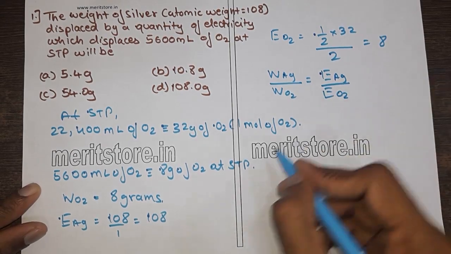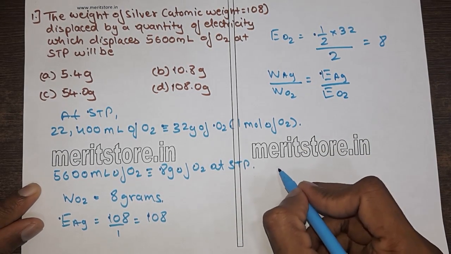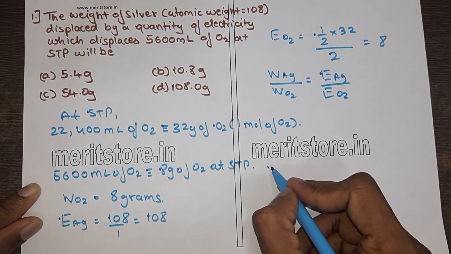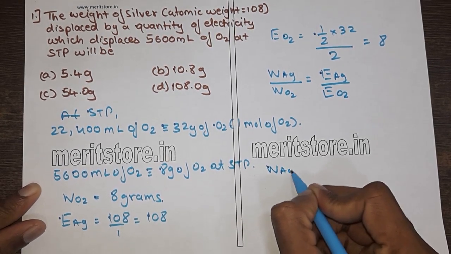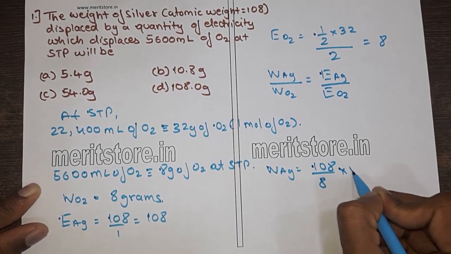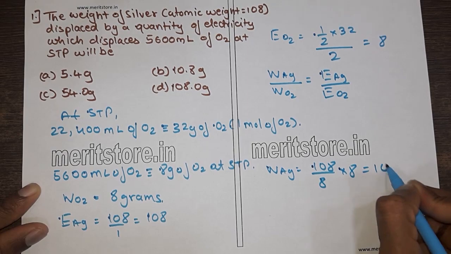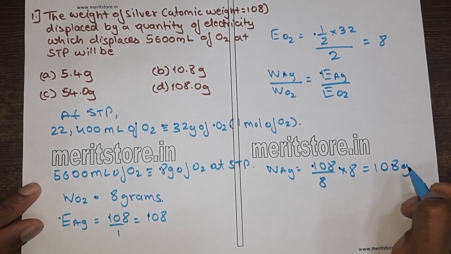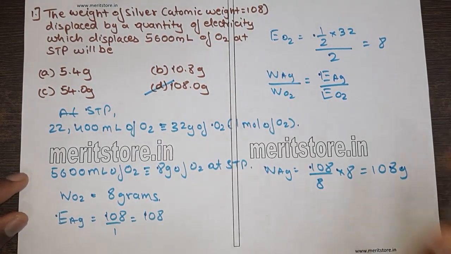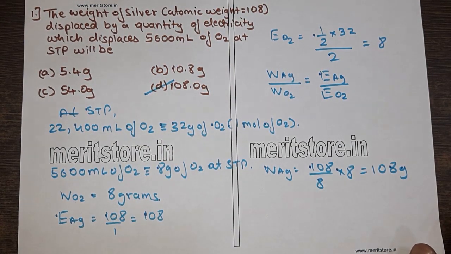Substituting this value, we can find the mass of silver, W_Ag, equal to 108 upon 8 into 8. Solving this, we get 108 grams, which matches with option D. Therefore, option D is the correct answer.